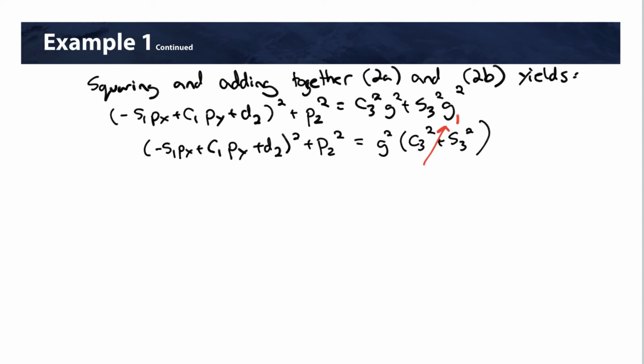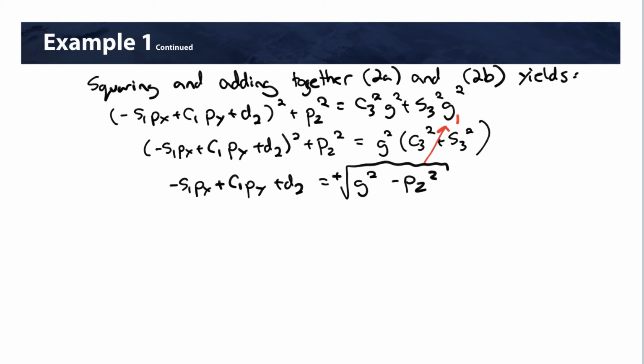So we're going to bring the Pz squared over to the other side, and take the square root. Keep in mind, both the positive and negative solutions of the square root are valid, so you always have to use your plus or minus here. Now we can solve for D2.